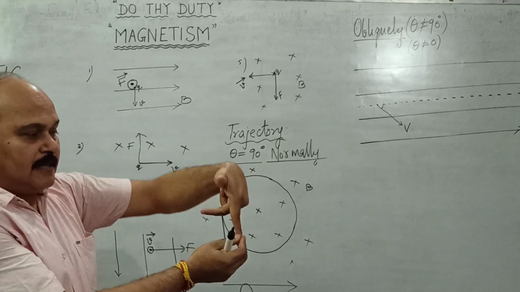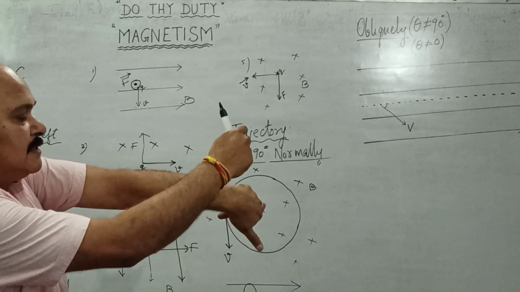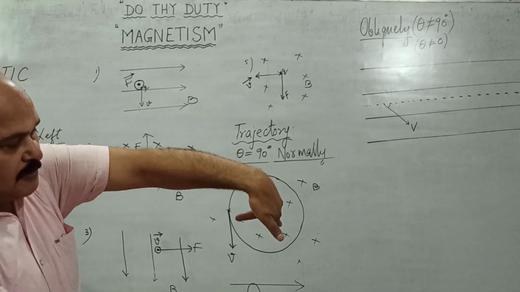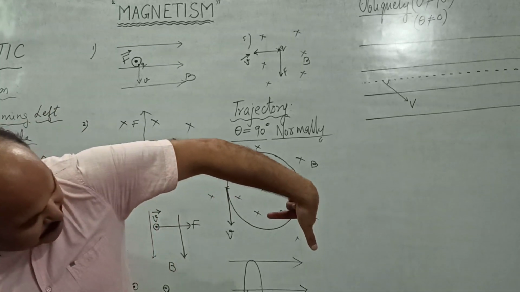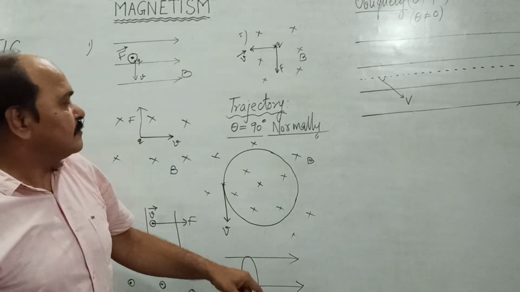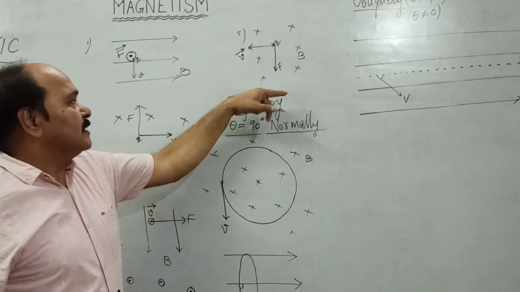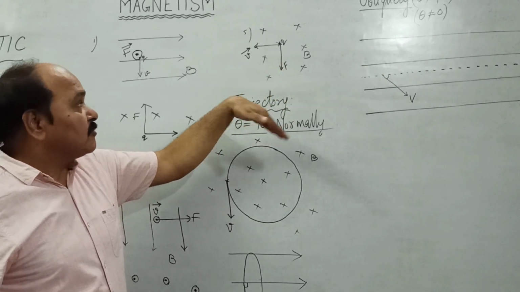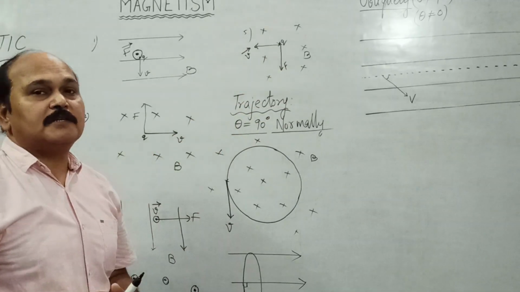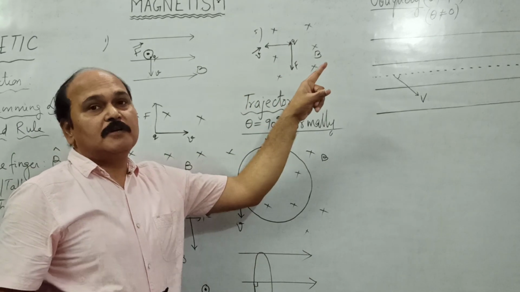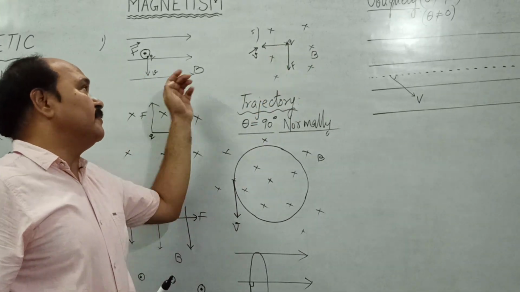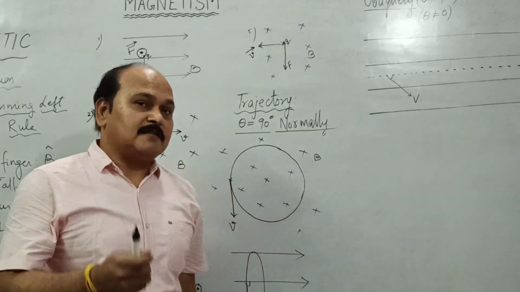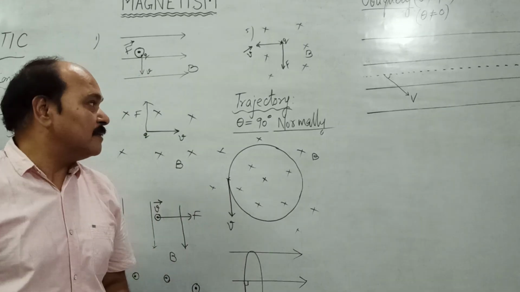This is the magnetic field, this is the force, and this is the thumb. I hope this is clear. In this situation we have found the third vector, and that is velocity. Had the charge been negative, then the velocity would not have been towards left, it would have been towards right, as the direction of the third vector is anti-parallel.